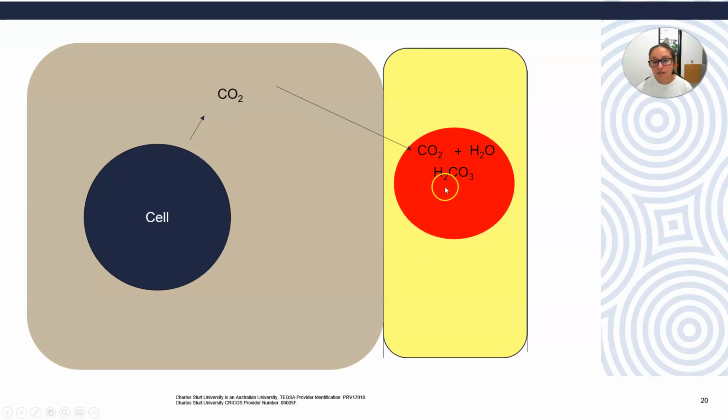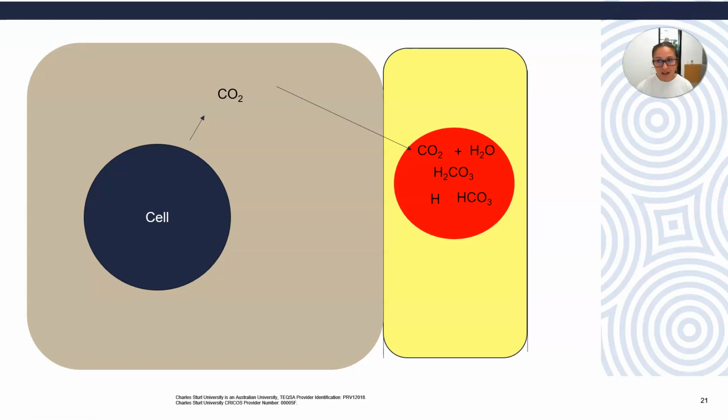Now this molecule is a problem because this molecule is called carbonic acid. And what do acids do? They release hydrogen ions. Okay? So when we have hydrogen ions floating around, it's not good because our pH is going to drop.